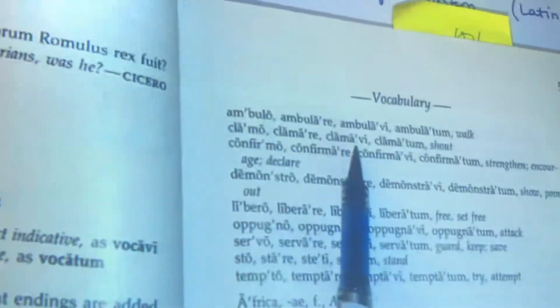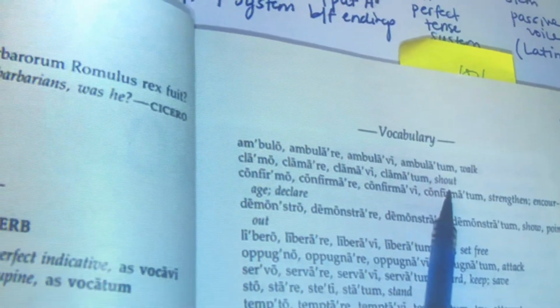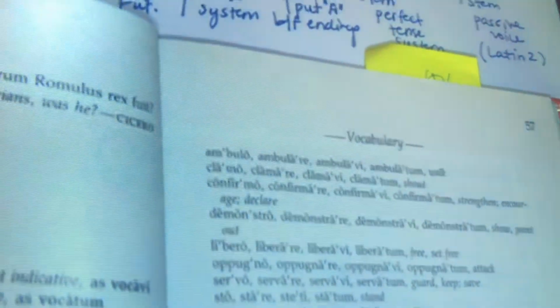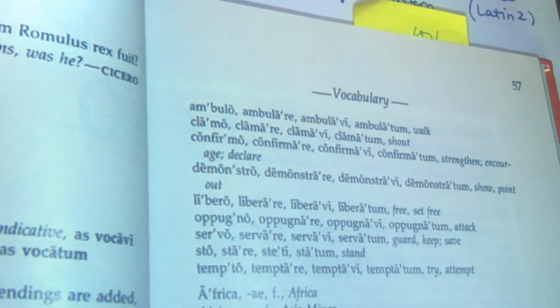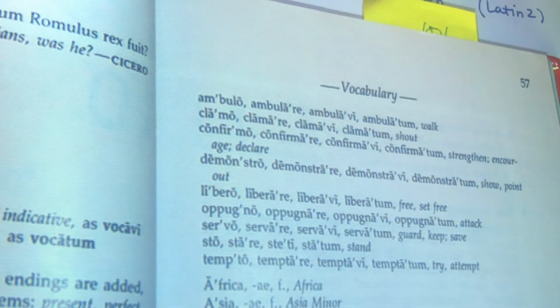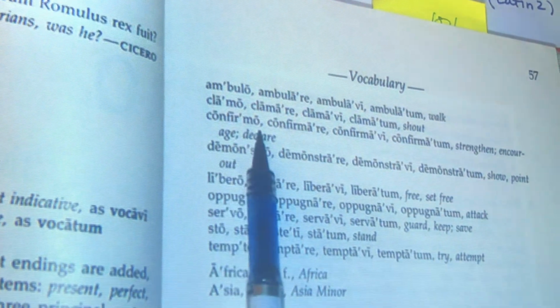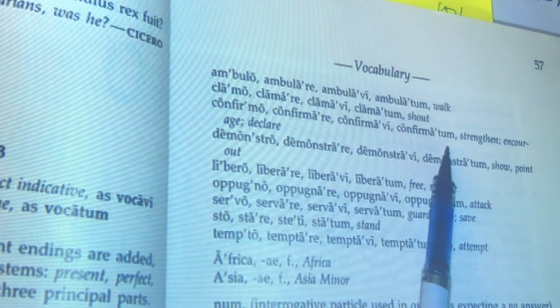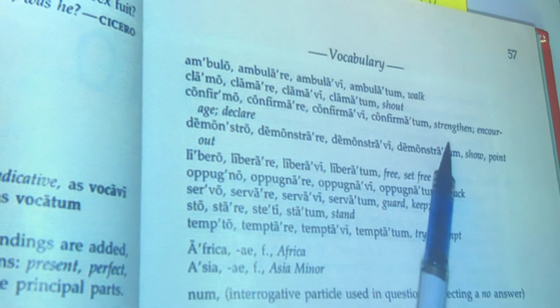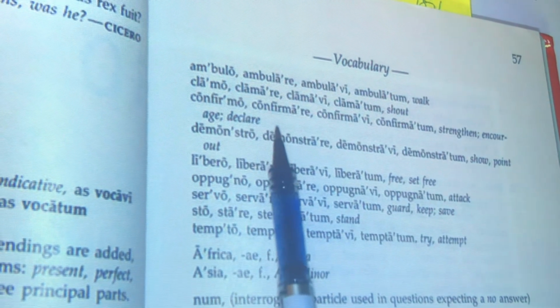O, are, avi, atum. Shout, think clamor. Have you ever heard of somebody say, I'm gonna stop clamoring around, making noise? Confirmo, confirmare, confirmavi, confirmatum. To confirm, to strengthen, to declare, like a confirmation.